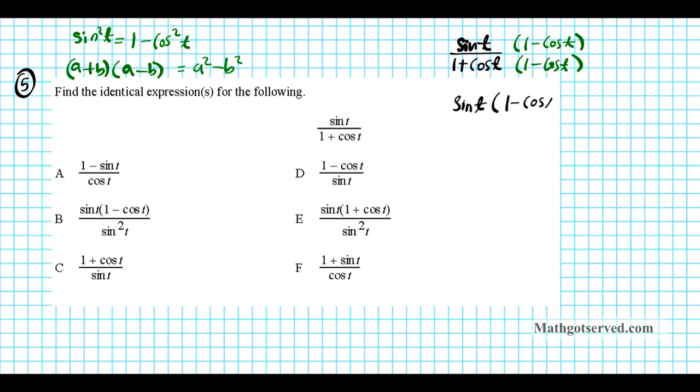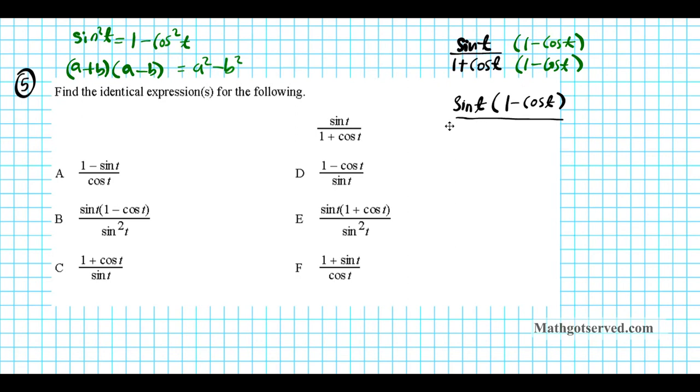And on the bottom, you already know what you're going to have, right? If this is a plus b and a minus b, it's going to be a squared minus b squared, or 1 squared, which is 1, minus cosine squared t. Okay? Let me show you the steps so that you can see what I'm talking about.